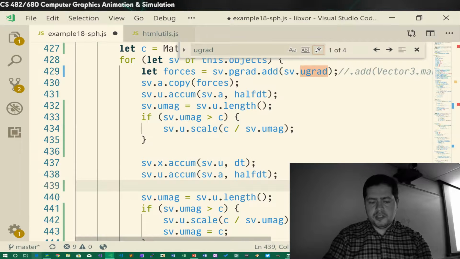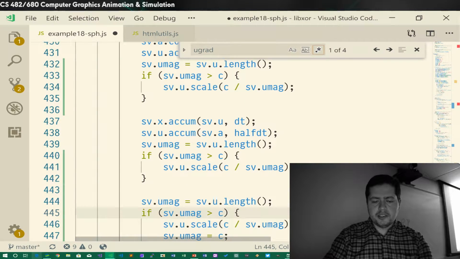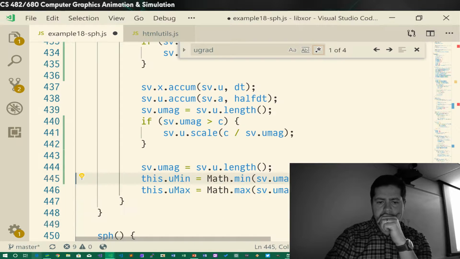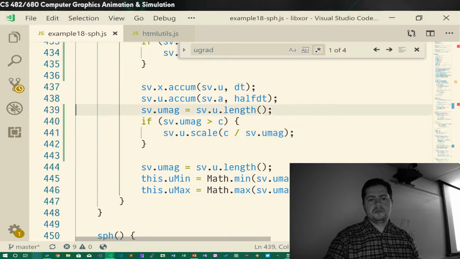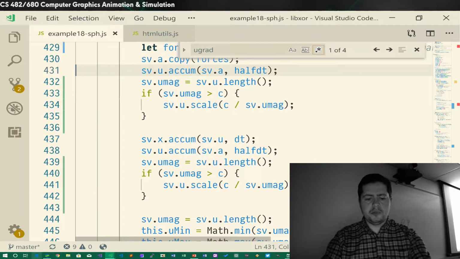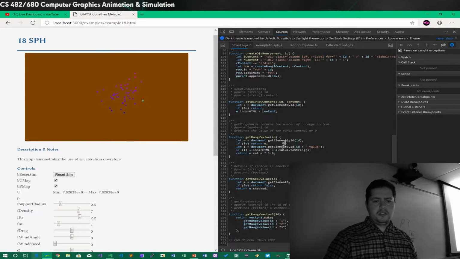And after we accumulate it, then we scale it. Let's see what happens if we do it that way. Better. Ish. And then it goes out of control again.